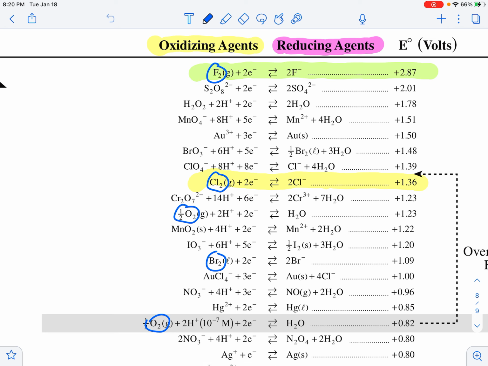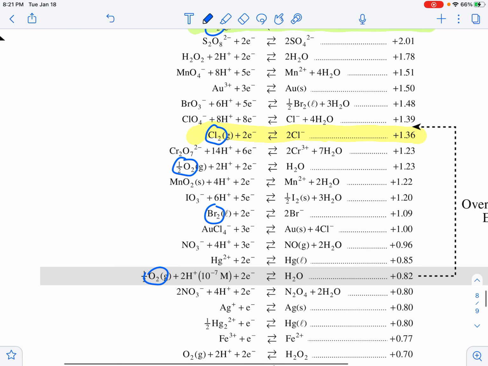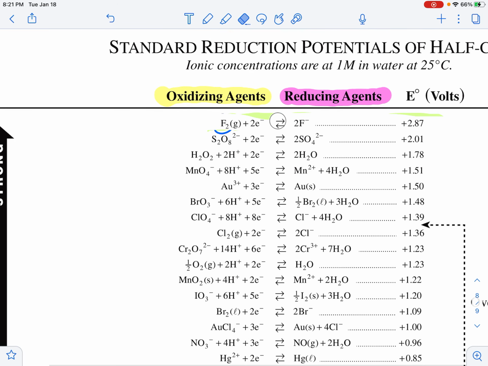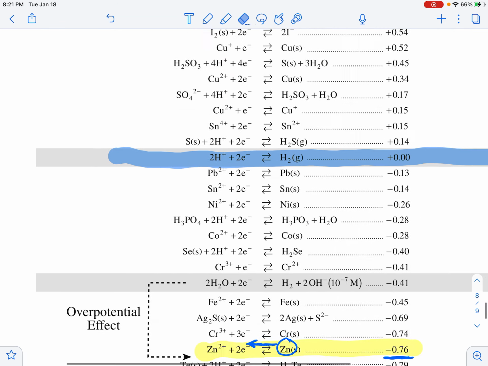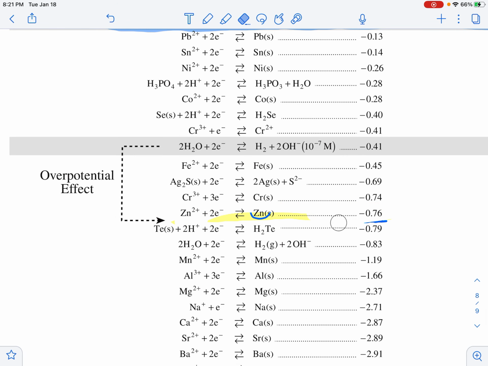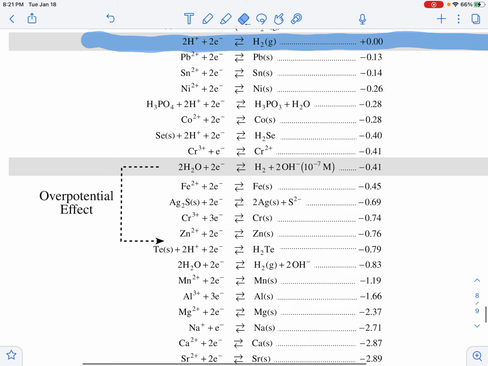Let me get rid of all the... I think if I erase it, it erases the whole chart too. Oh no, it doesn't. Cool. Okay, so Mn plus 2.